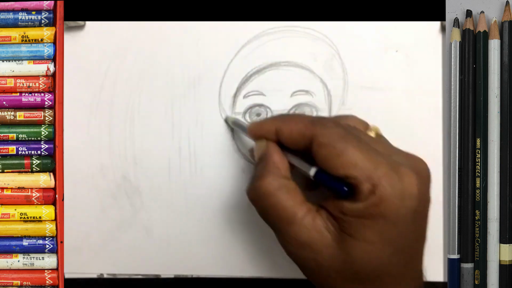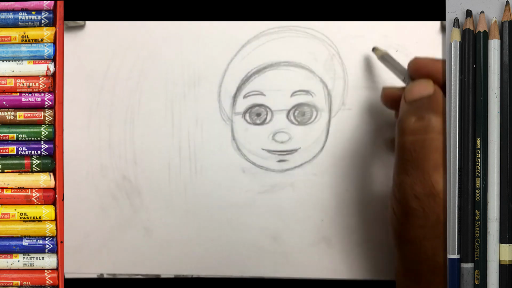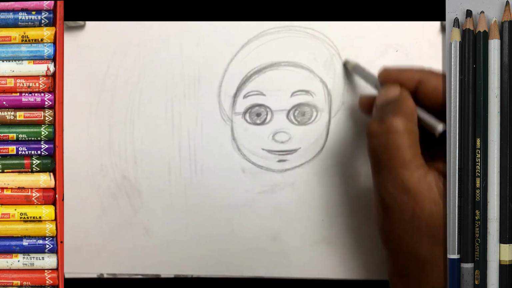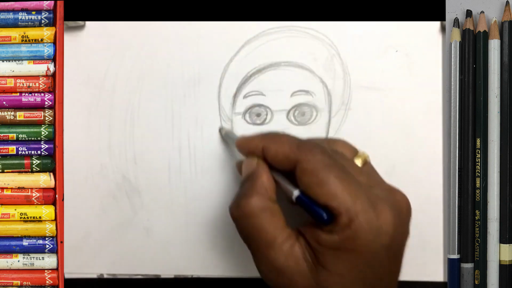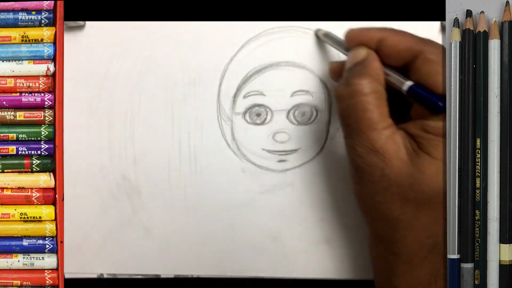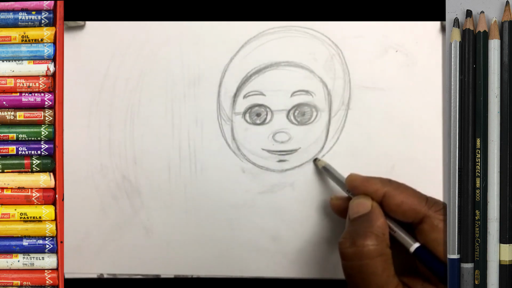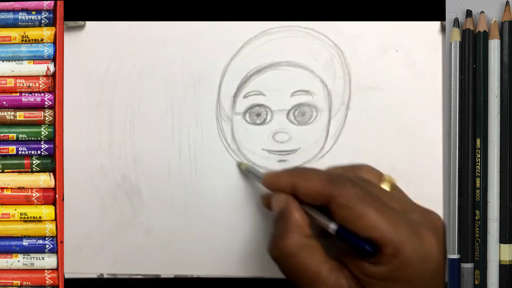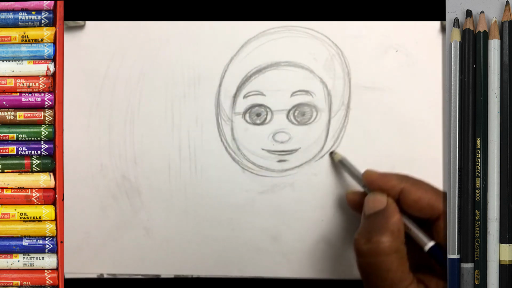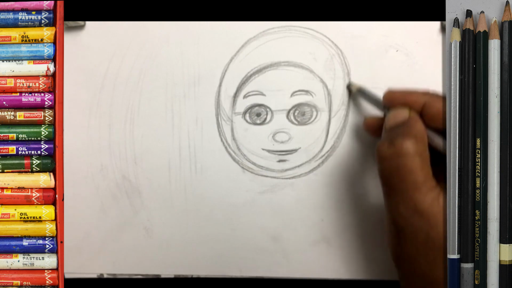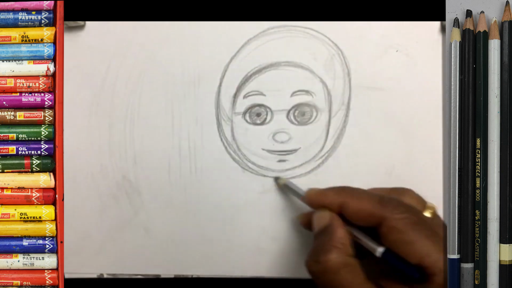Okay, here, like this. So you actually do this cap kind of thing. Okay, like this is a monkey cap kind of thing being worn. See, something like that, a big circle.